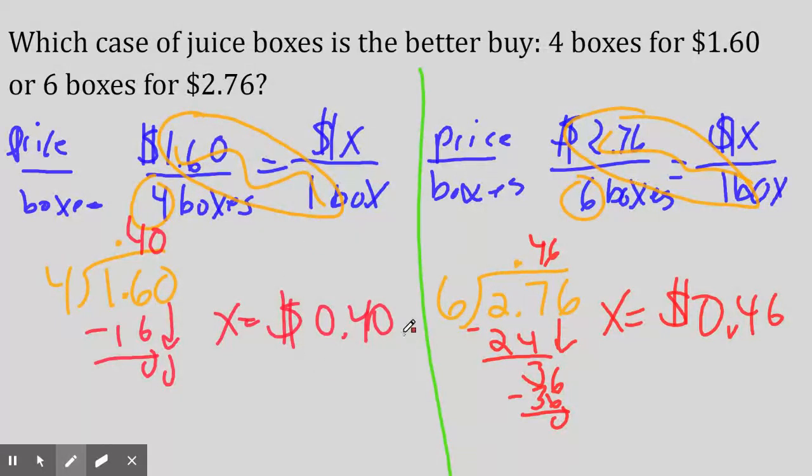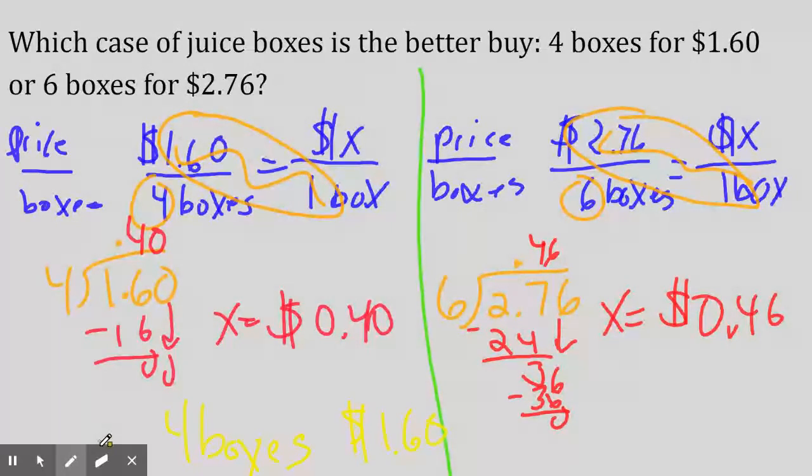Well, we would say 40 cents is a lot less. So the better buy is going to be the 4 boxes for $1.60 is the better buy. All right, so hopefully you have this all written down. If not, pause your video.